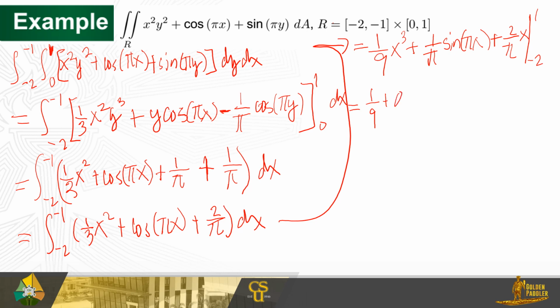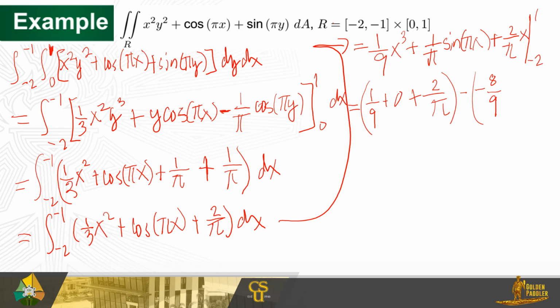Then we have plus 2/pi. Okay? Then the -2 is subtracted. So if x is -2, x cubed becomes -8. So we have -8/9. Okay, so -8/9.